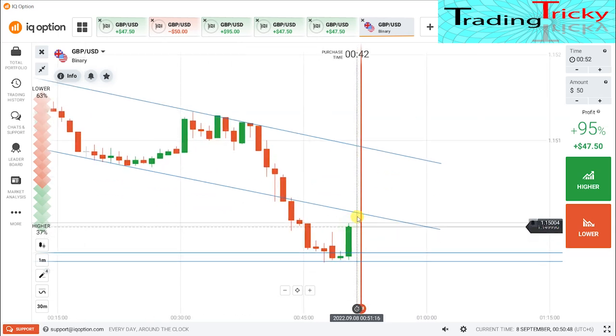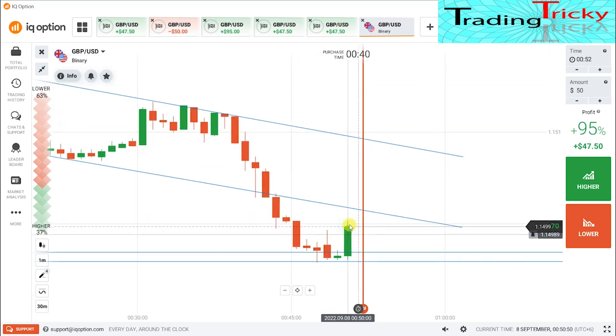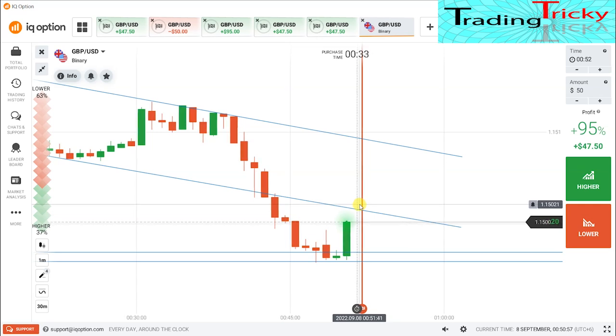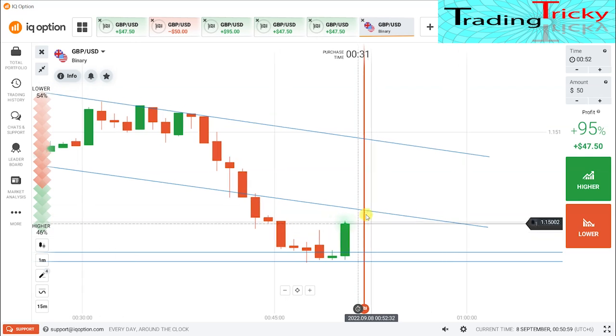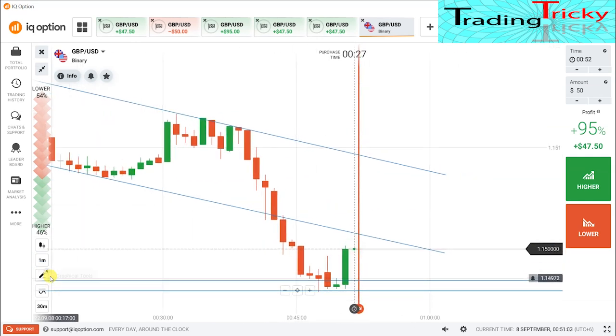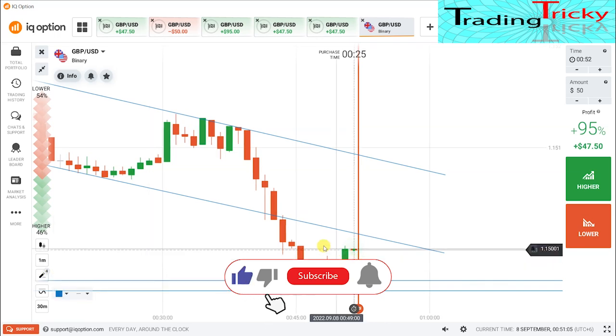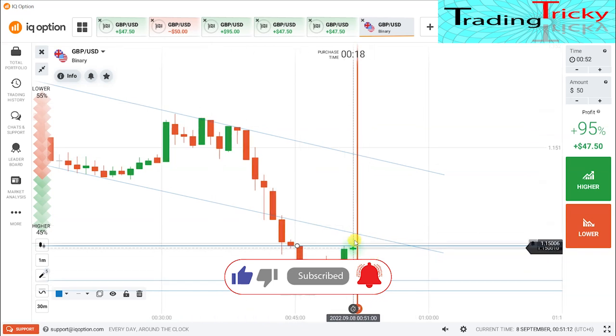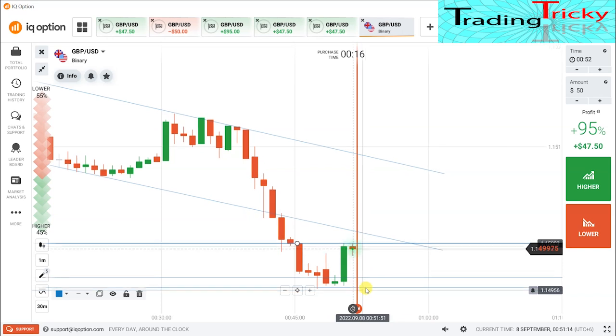This is a very strong buyer's entry. If the candle closes at least to this level, then we might think about selling, like a lower option, but this is not that strong. The candle formed after very strong selling pressure, which means after these strong buyers there can be sellers entry too.